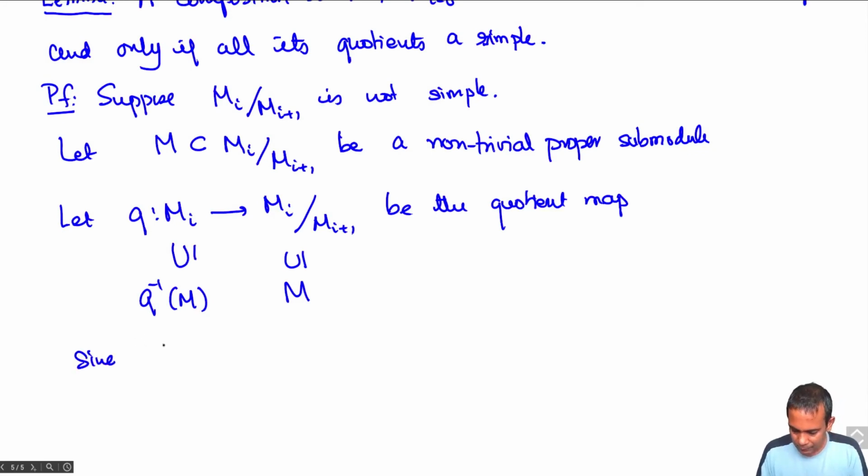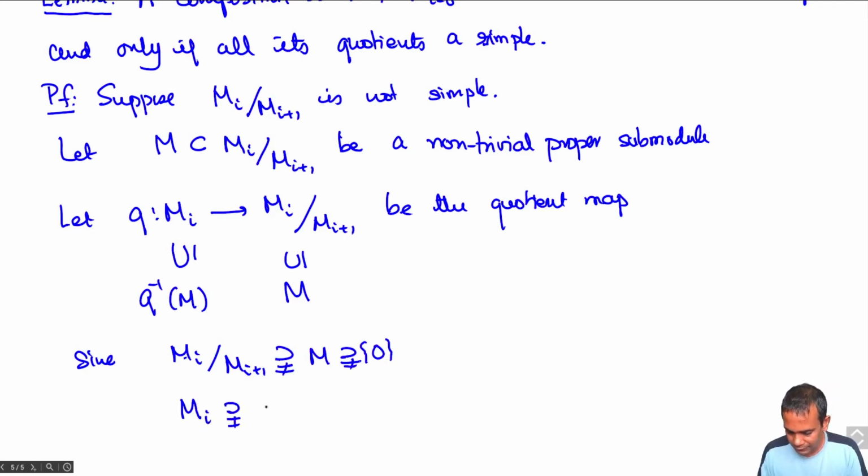Now, since Mi mod Mi plus 1 strictly contains M, and M is strictly non-zero, we have that Mi strictly contains Q inverse M, and that strictly contains Mi plus 1.